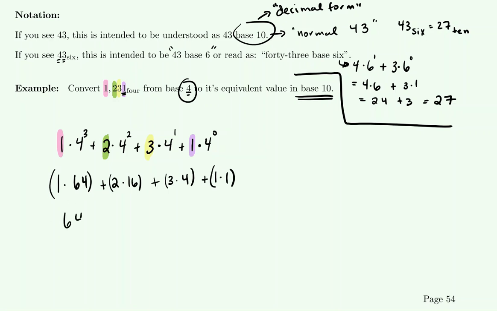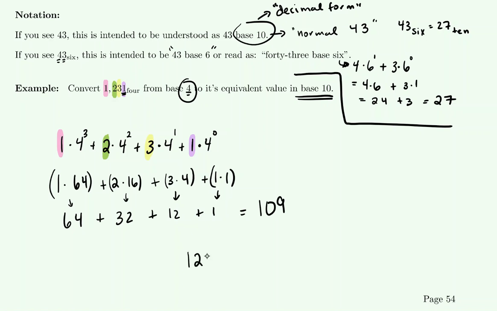So this would be 64 plus 32 plus 12 plus 1. Add all these together in our calculator and get the final value in our base 10. And we would get 109.